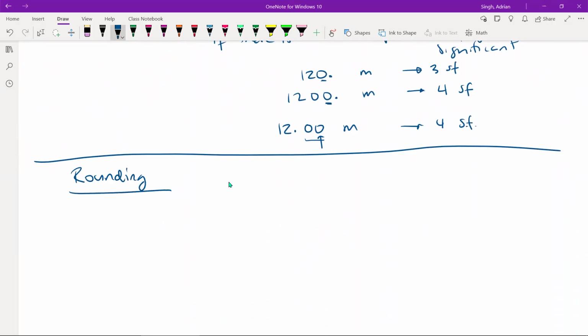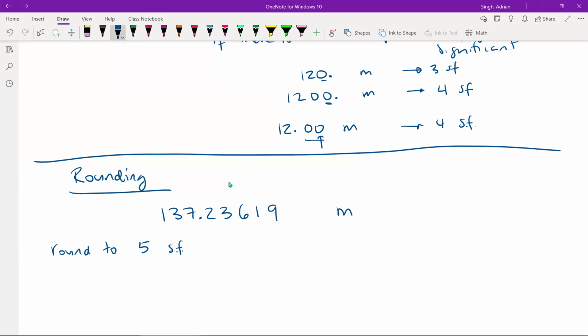So for example, if I have the number 137.23619 meters, and I'm going to round this to 5 significant figures. Based on whatever operation we're doing, we get this number, and then we need to round it to 5 sig figs.